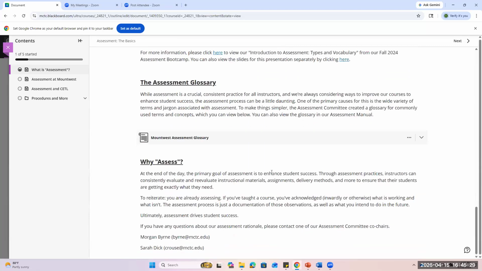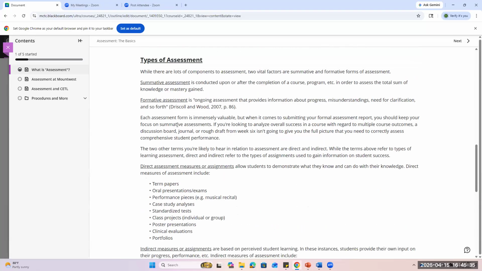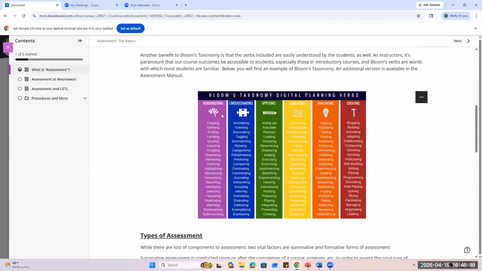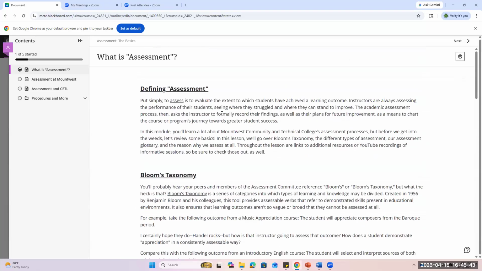We've got our assessment glossary, why we do it, contact info, all of the basics for what assessment is and how it works in this course module. And if you really want to get into the nitty-gritty of our course and program assessment, we have modules for those too, all of which include sample forms and examples and lots of resources. So everything we do pertaining to assessment is in this Blackboard course shell.